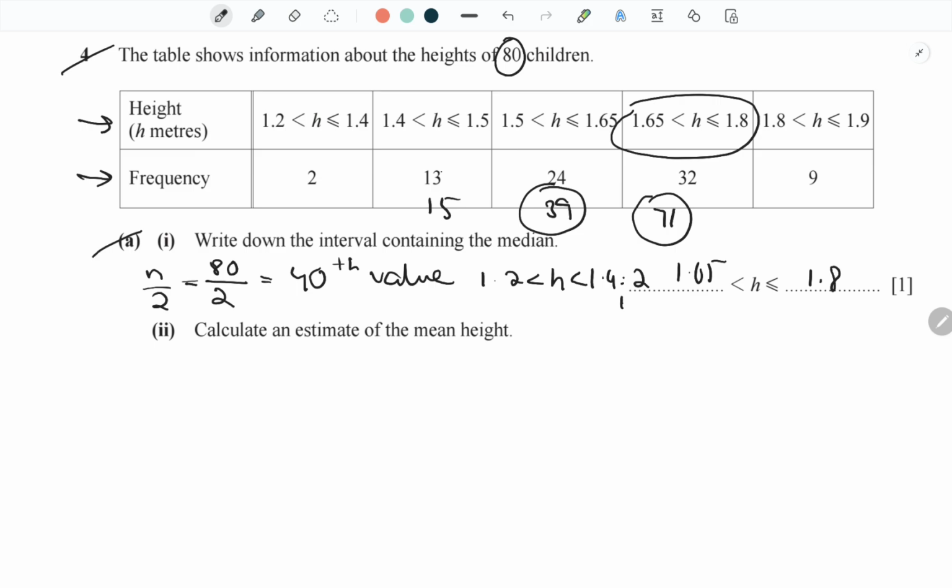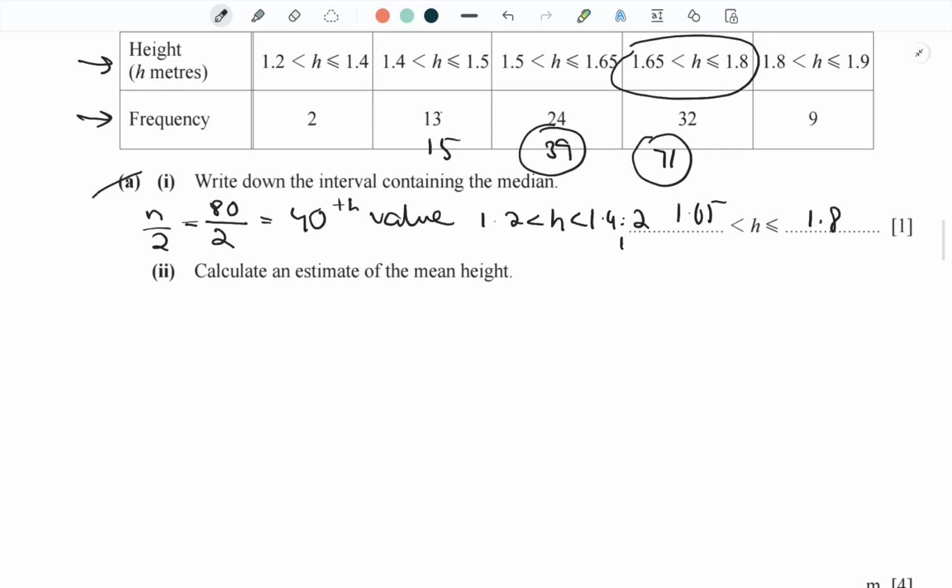I hope this one is clear. Now in the second one, calculate the estimate of the mean height.